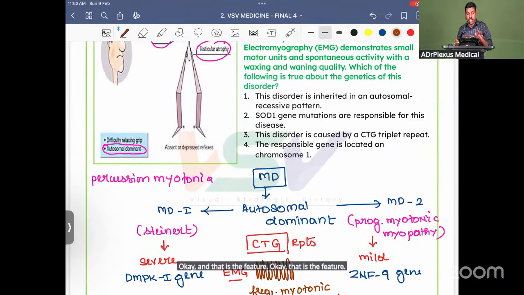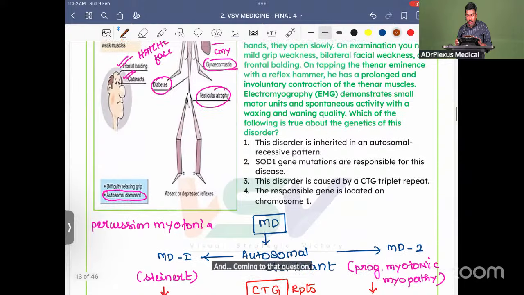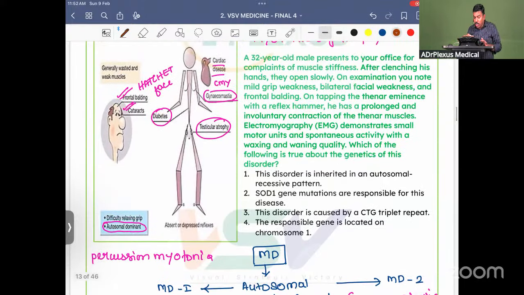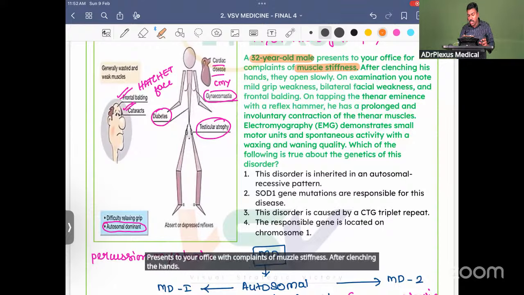And coming to the question, a 32-year-old male patient presents to your office with complaints of muscle stiffness. After clenching the hands, they open slowly.